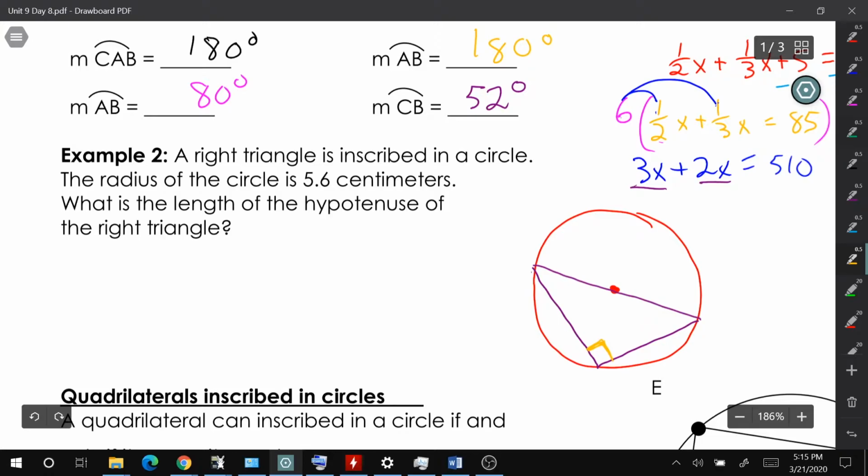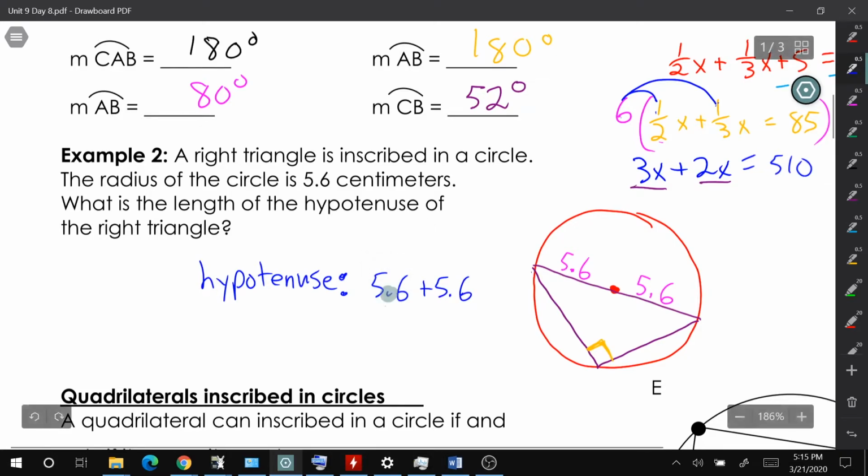It says that the radius is 5.6. Well, any radius is also going to be 5.6. That means this hypotenuse is going to be 5.6 plus 5.6, because the hypotenuse and the diameter are the same length. And when you do that, you get 11.2 centimeters.